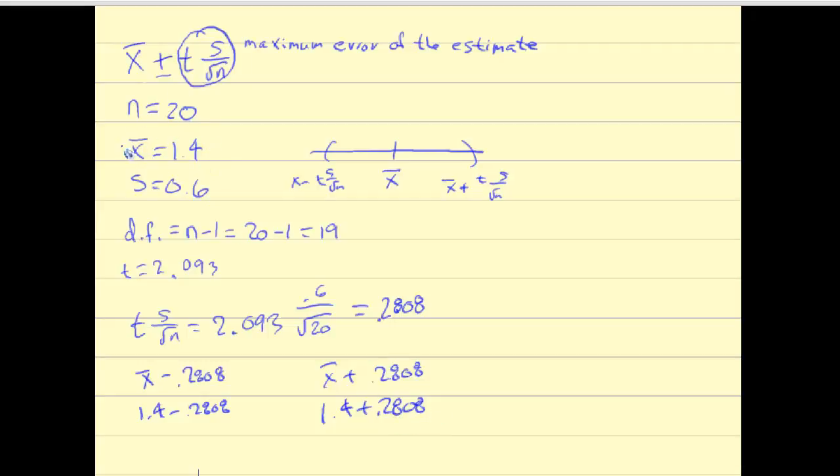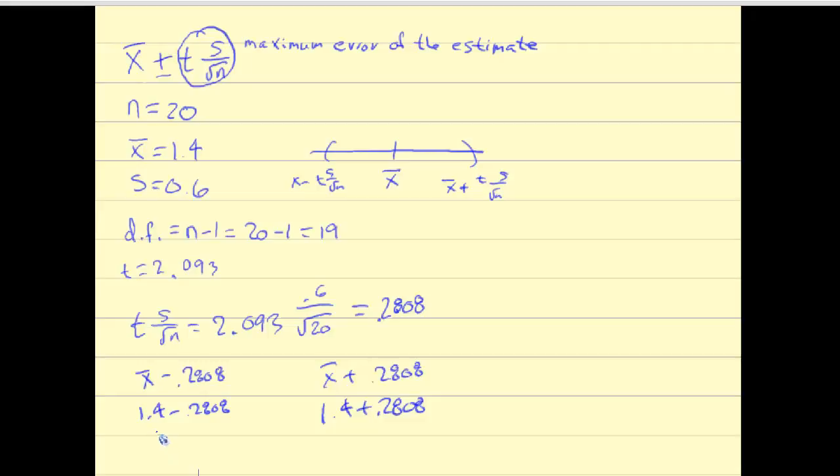Our sample mean is rounded to the tenths place, so our interval estimate endpoints need to be rounded to the same. If I take more than 2 decimal places there, I'm not violating any rounding rules, because I'm not supposed to round until I get to the very end. But if I'm going to round to 1 decimal place, then really I only need to go out to 2 and then round.